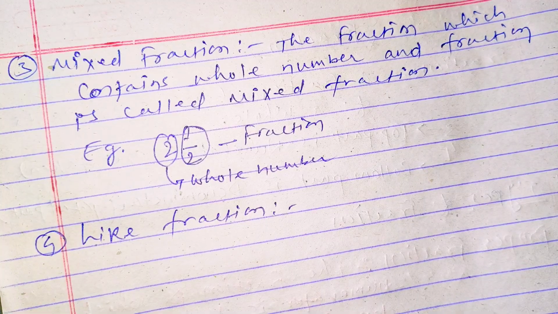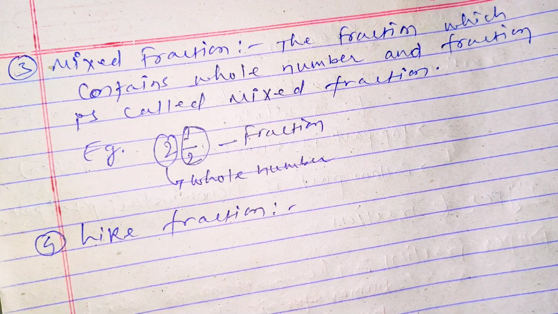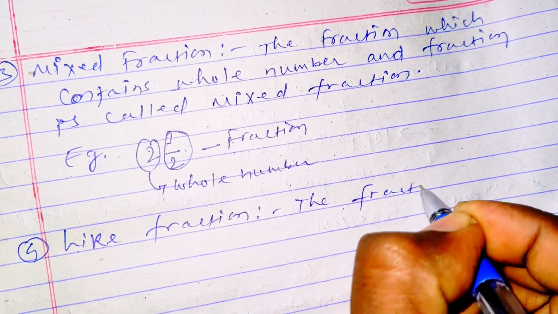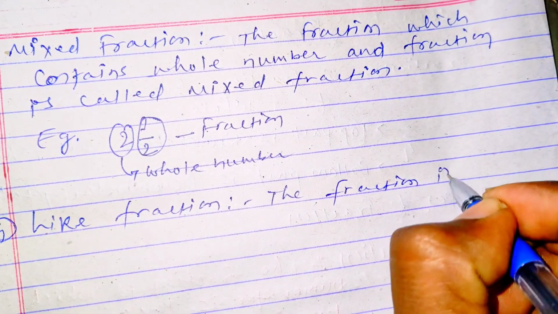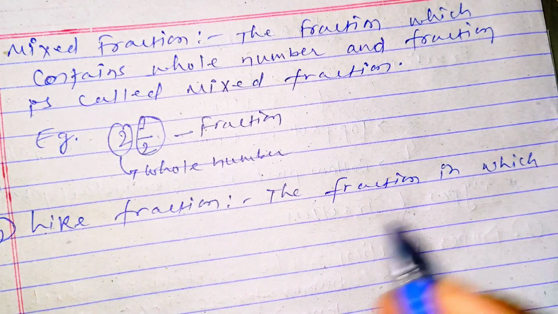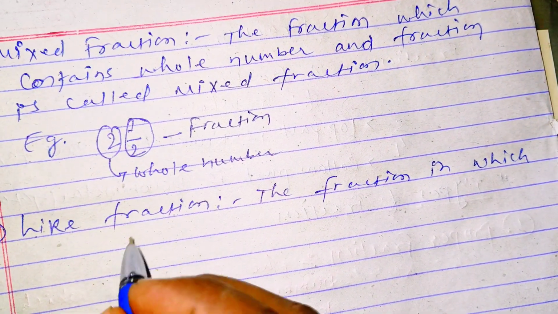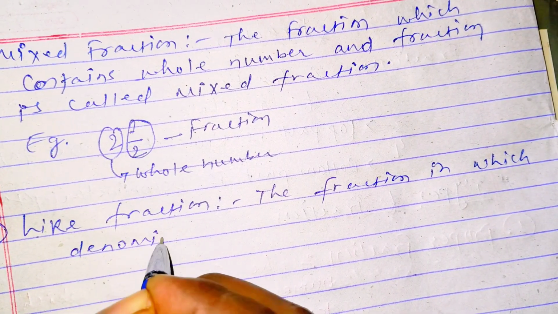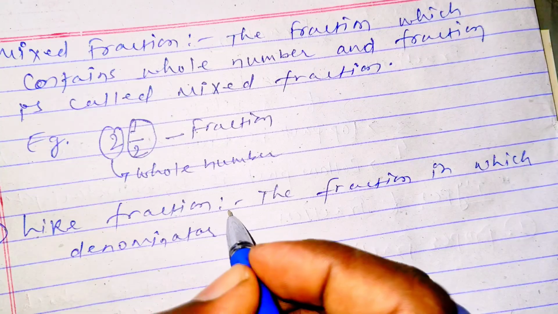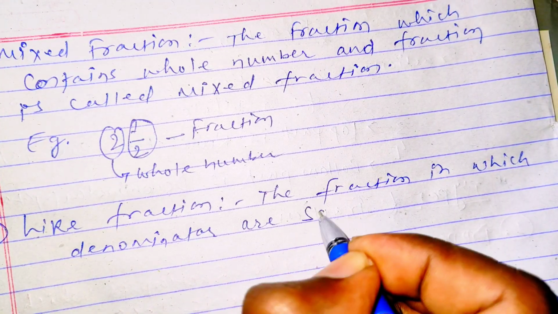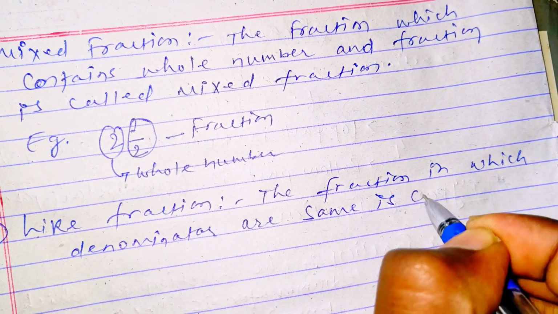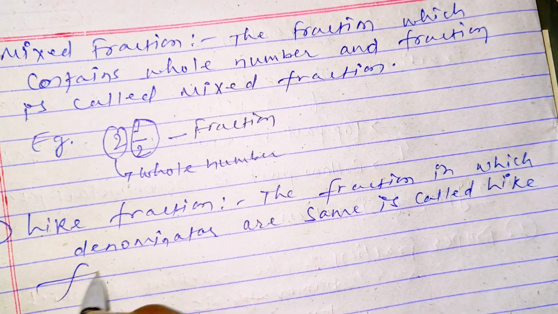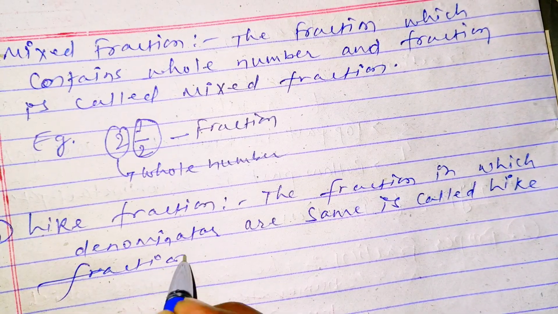The fraction in which the denominators are the same is called a like fraction. Okay, understand?